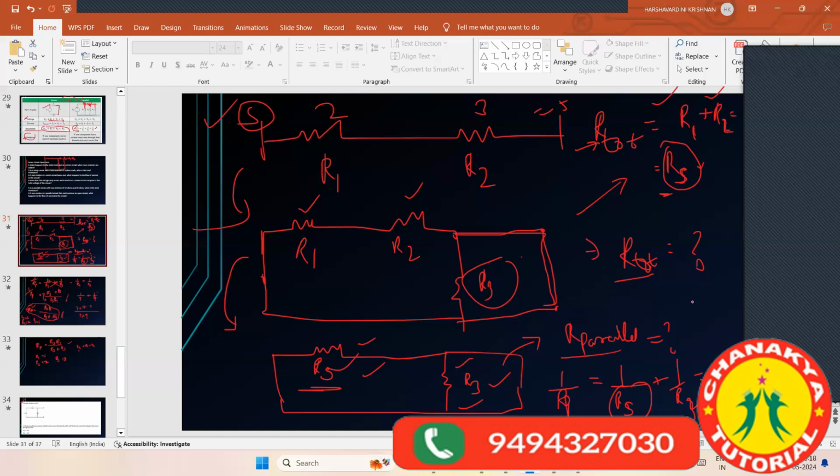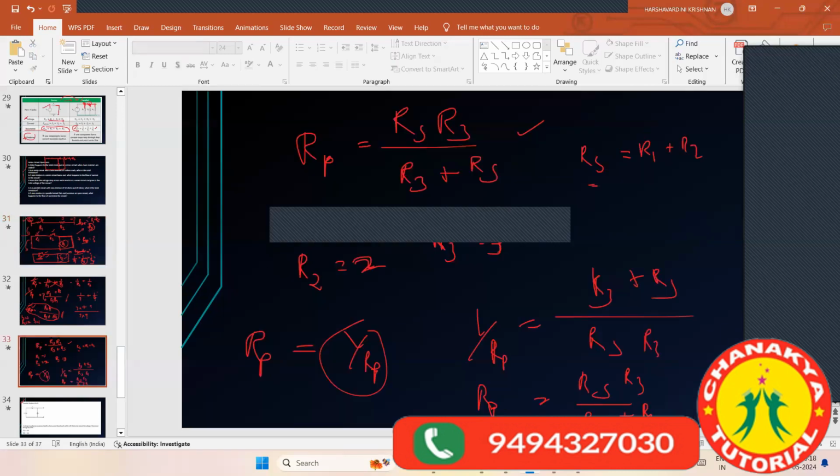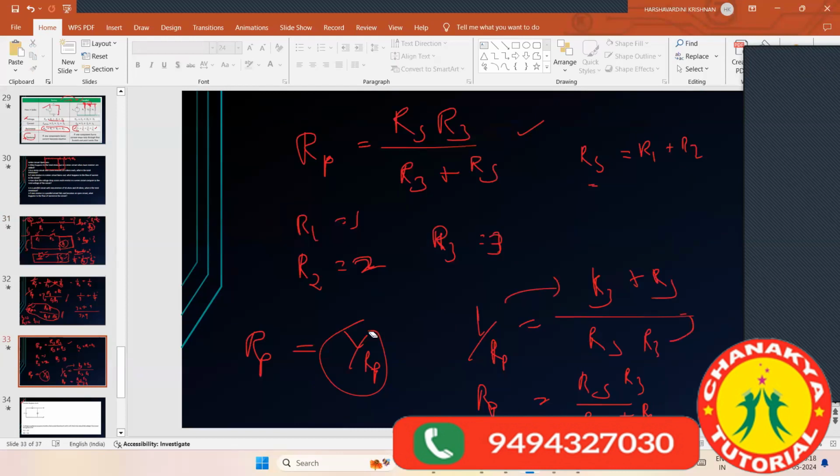Okay, see here, I'll erase it. We have found 1 by RP as R3 plus RS by RS into R3.